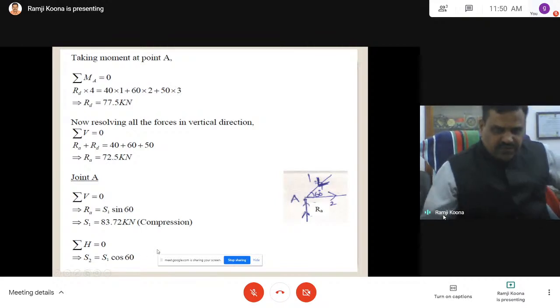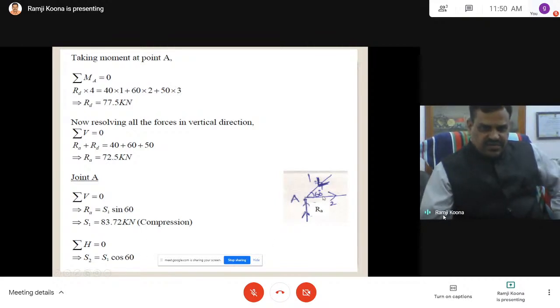See, now if we are considering this here, this is a tension and this is a compression. Towards this, the member is, let us say, increasing at both ends with respect to the center. That is what it means. If I say with respect to the center it is decreasing, that's why it is a compression and this is a tension.